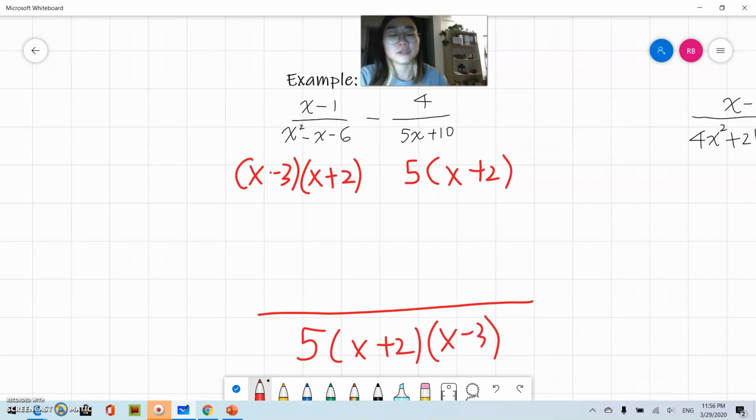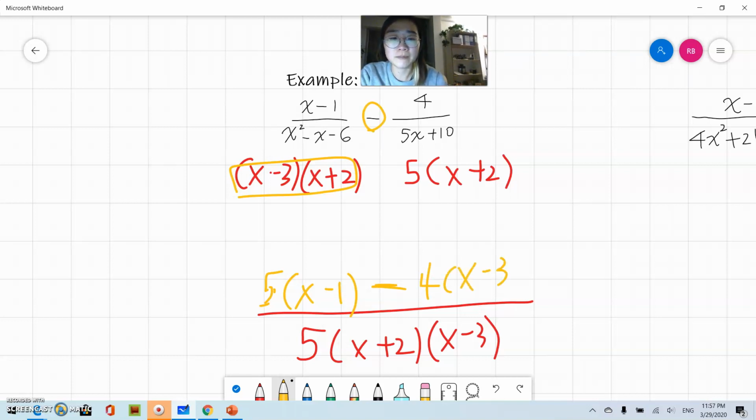And you will see that I tend to write a number in front to make it less confusing. And polynomials are actually easier to make what is missing because look, the only thing that this is missing is 5. So I multiply 5 to x minus 1. Minus, because it's minus here, 4, what is this fraction missing? Just x minus 3.